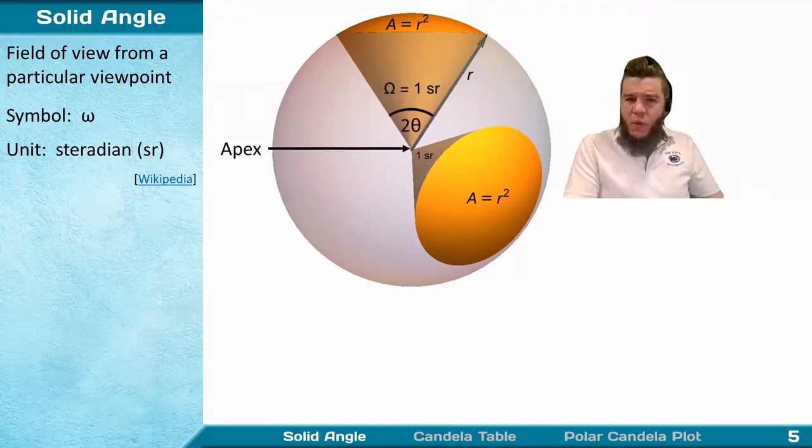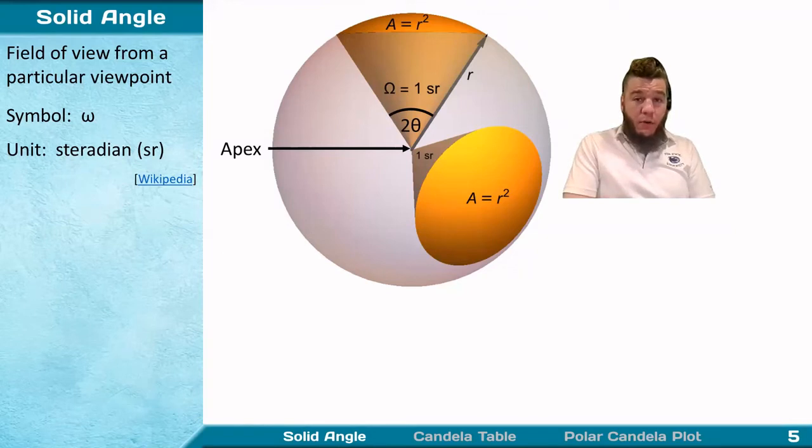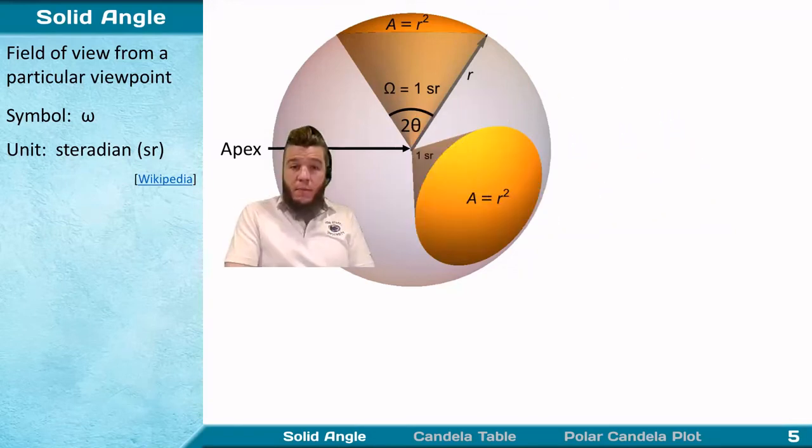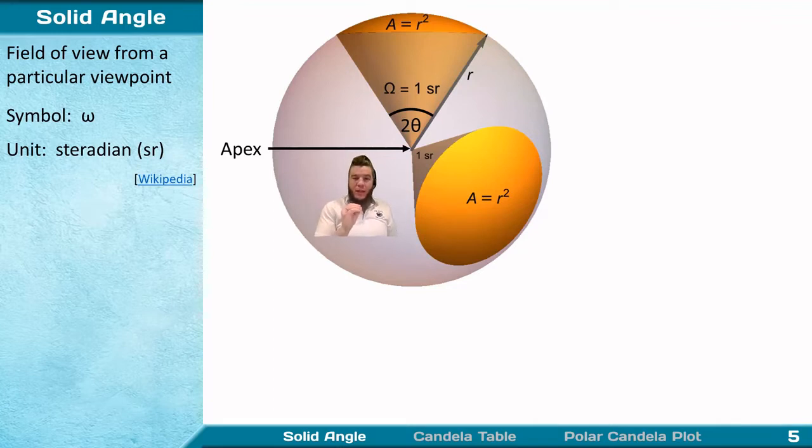But let's take a look at the way that this is built here. So first off, we have the central angle of the cone, right? So we have a central angle theta, or actually 2 theta, and this is important. Don't forget that when we're going to apply this to our equation coming up, this central angle is actually 2 theta.